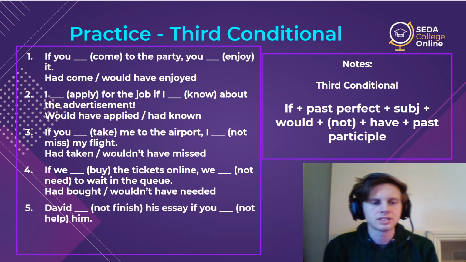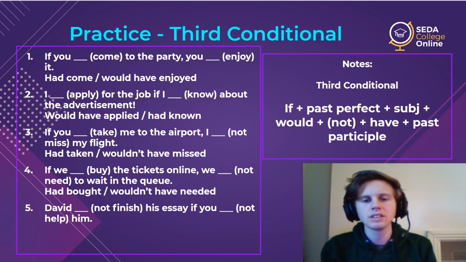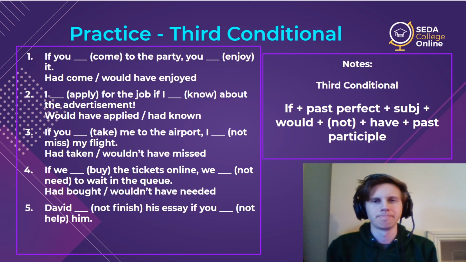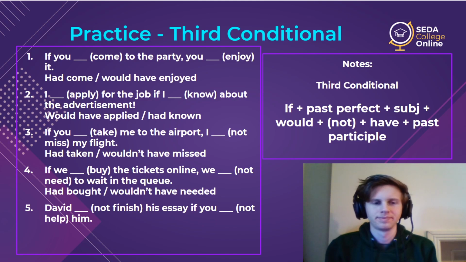All right, final sentence. David, his essay, if you, him. So double negative, not finish, not help. You just have to find which is the conditional clause, so past perfect, and which is the main clause, would have plus past participle.